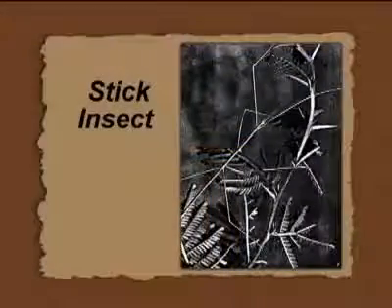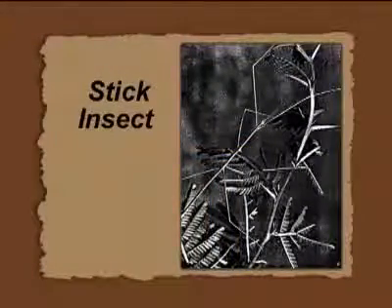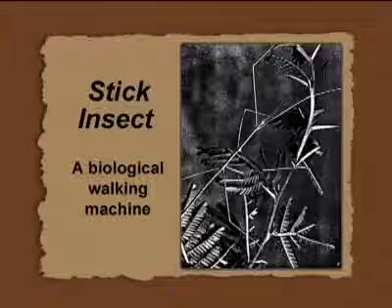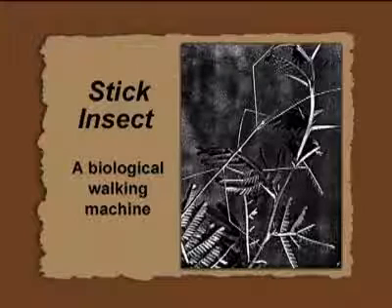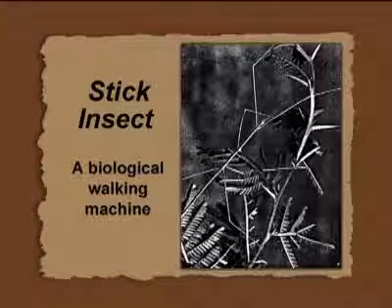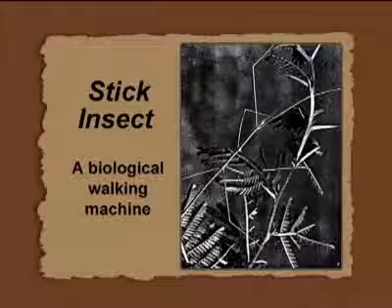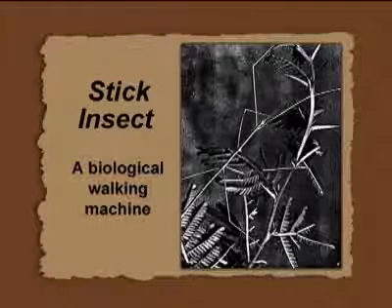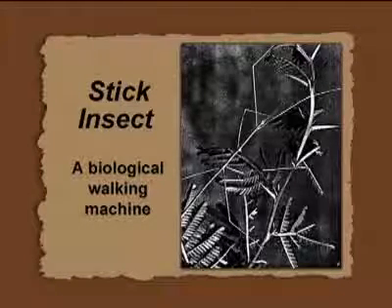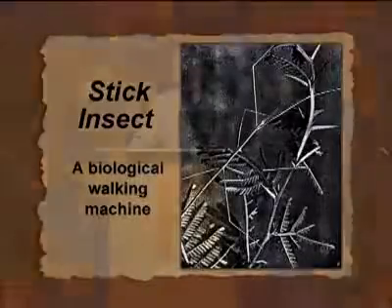On this picture you see a stick insect. It is also a walking machine, a biological walking machine. It also has 6 legs, and we can say it has also a program installed so that it can walk in all kinds of bushes and trees and so on. If we would delete this program, it cannot walk.